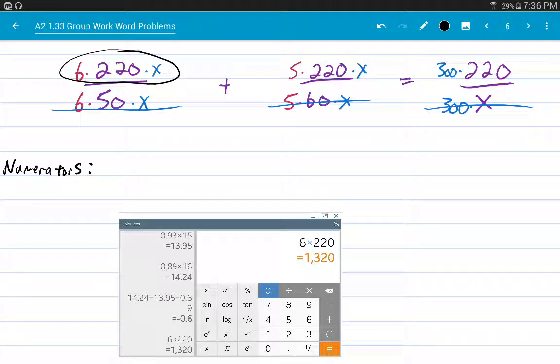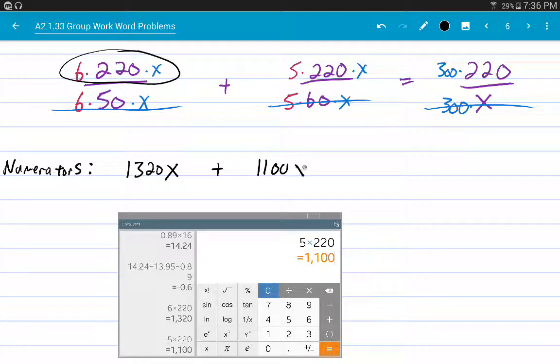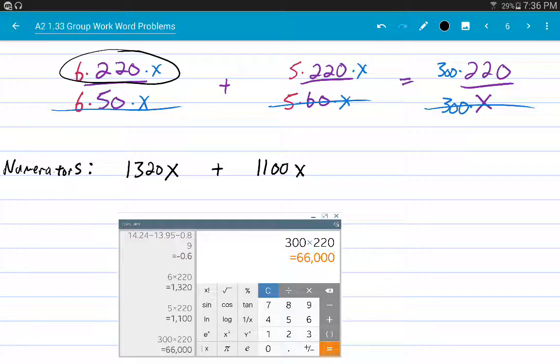So I have 1320x plus 5 times 220, let's see, is 1100 x's. On the right hand side, 300 times 220, definitely want a calculator for that, is 66,000.